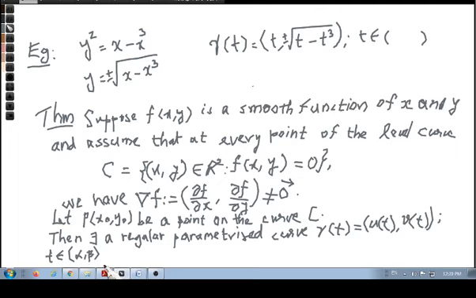This interval contains 0, so 0 is in this interval, such that the curve passes through P at t equal to 0. That is, gamma of 0 is equal to P. The curve passes through P, x0 y0, and the image of gamma is contained in C. That means you have a parameterization of part of C containing the point P. So a part of C you can parameterize. So this is what you have to prove.